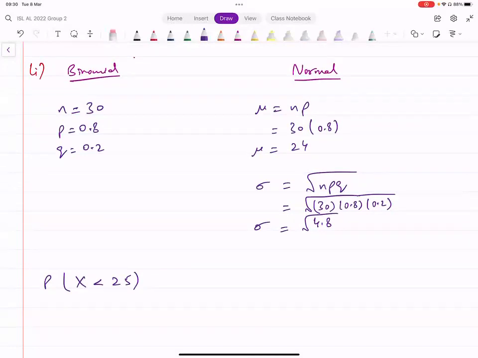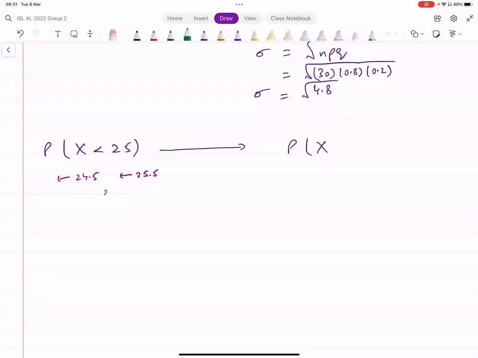What would be the equivalent of this in the normal? So you've got two options. We can do less than 24.5, or what else can we do? Less than 25.5. Which one do we choose? 24.5 or 25.5? 25, do we include it or not? No, this should not be included.